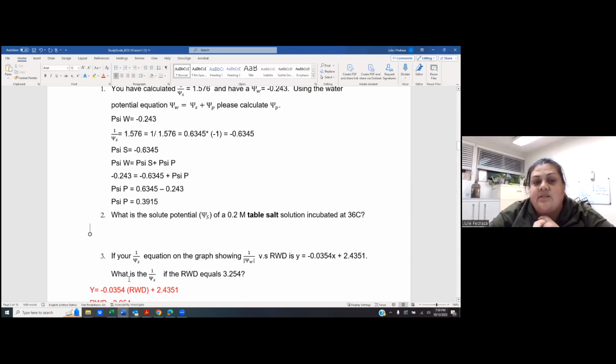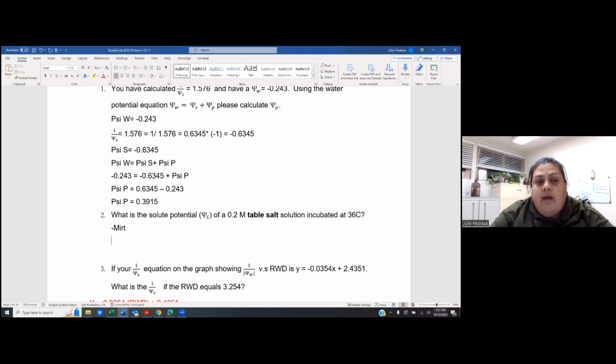It says, what is the solute potential of a 0.2 molarity of table salt solution incubated at 36 degrees Celsius? So this is a question that's asking you to use that equation, minus MiRT.